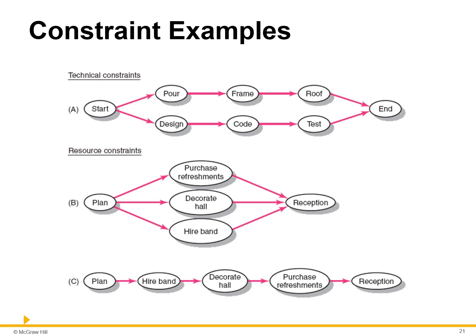This figure shows two types of constraints. In Figure A, up to now, the start and the sequence of activities have been based solely on technical or logical considerations. For example, a project network for framing a house might show three activities in a sequence: pour foundation, build frame, and cover roof.